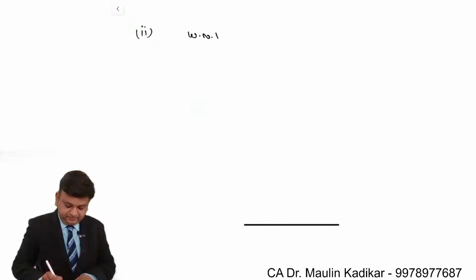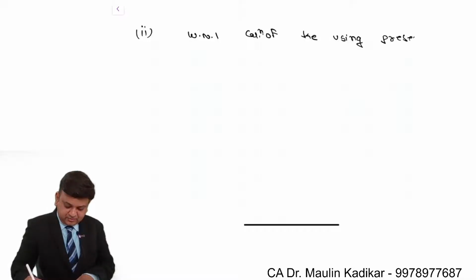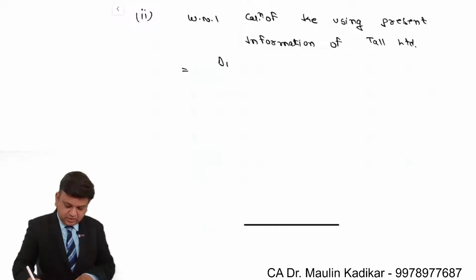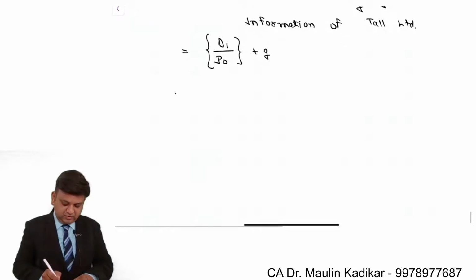Working note number 1: calculation of cost of equity using present information of Tall Ltd. Dear students, it will be found as D1 upon P0 plus growth rate. What is D1?